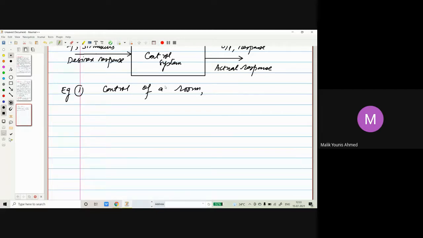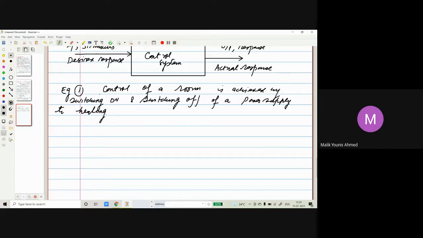Okay, control of a room temperature, when I'm talking about it, is achieved. How is it achieved? It is achieved by switching on and switching off a power supply to a heating appliance.